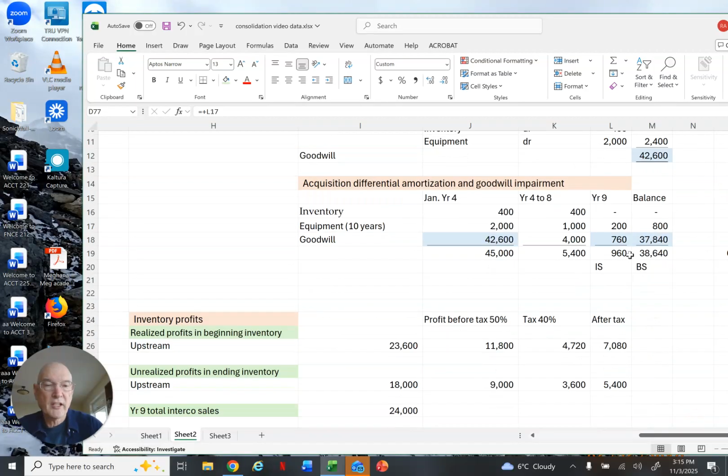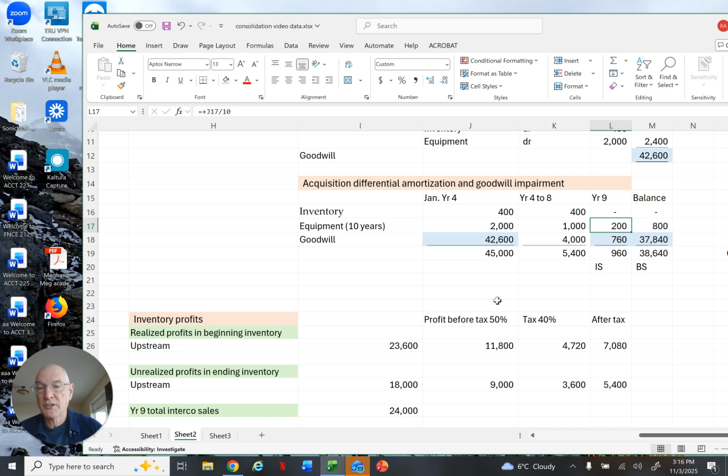So notice on our ADA table, we had an extra $200 of depreciation in year 9 because the equipment fair value increment happened over 10 years. So this is 1/10 of the original 2,000. So from your ADA table, this is more depreciation expense.